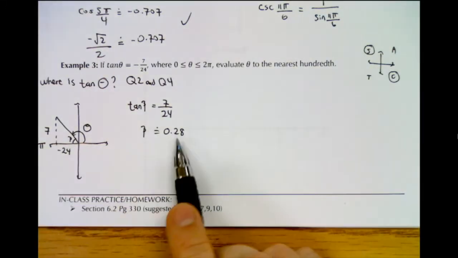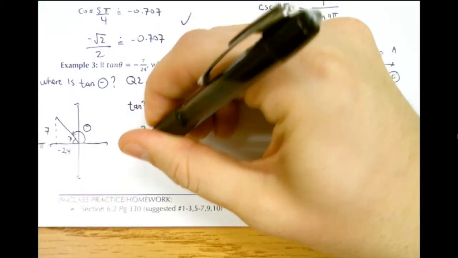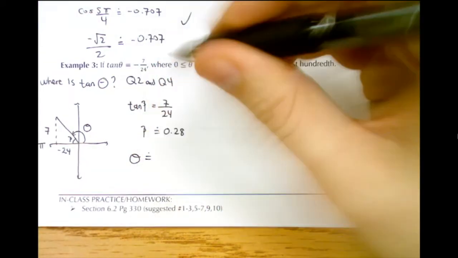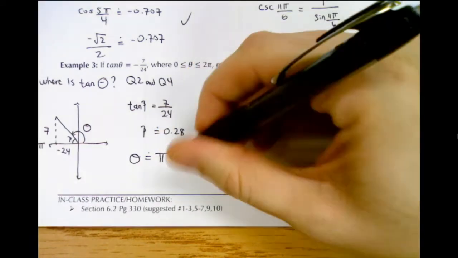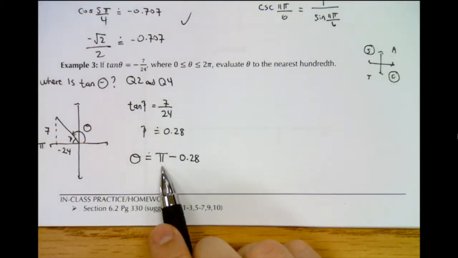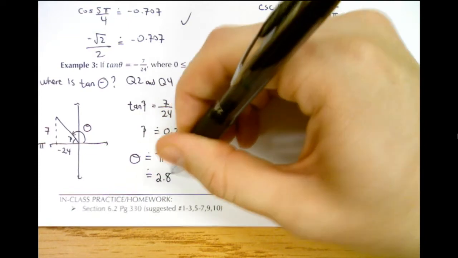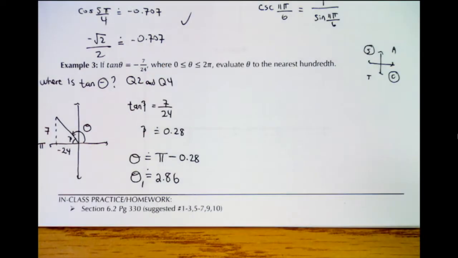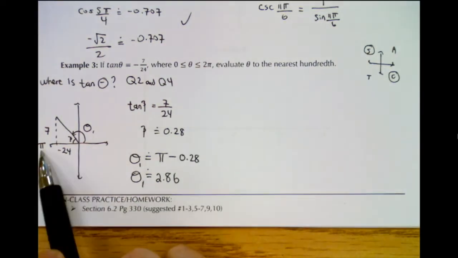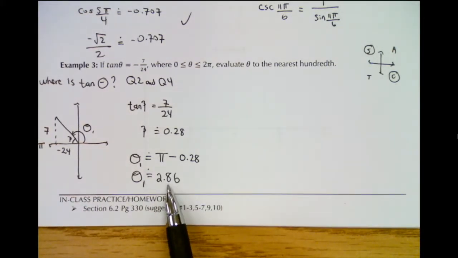But we end up 0.28 short of pi. So our angle theta would be approximately equal to pi minus 0.28. And pi as a decimal is 3.14. Subtract 0.28, we end up with 2.86. That's our first theta, 0.28 radians short of pi, so we do pi minus 0.28 and we end up with 2.86 radians.